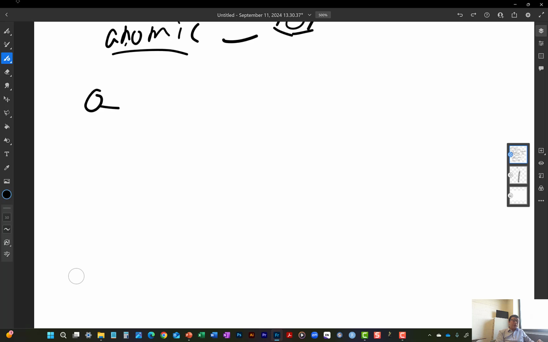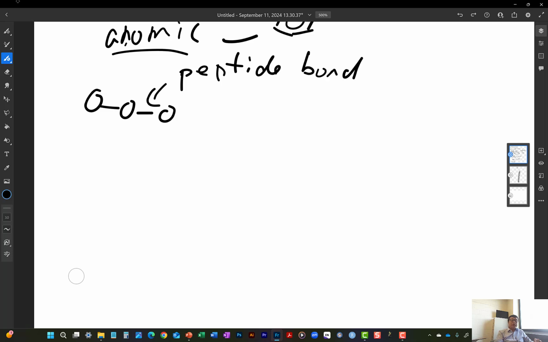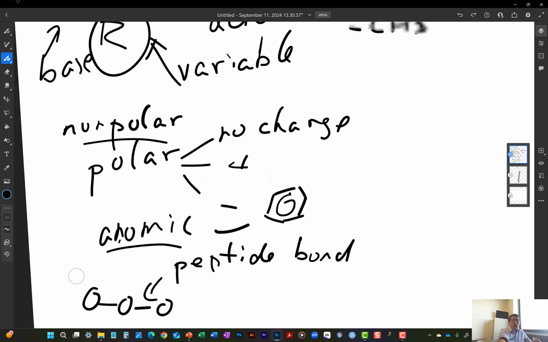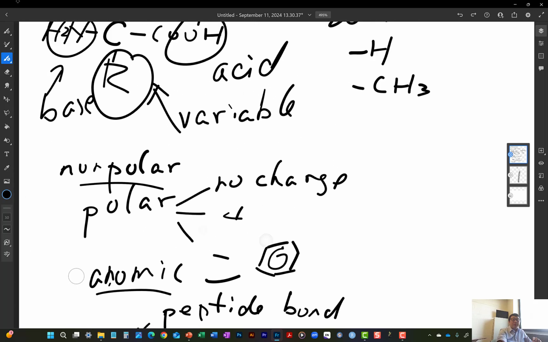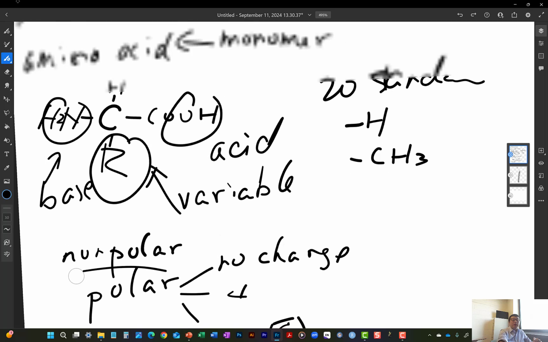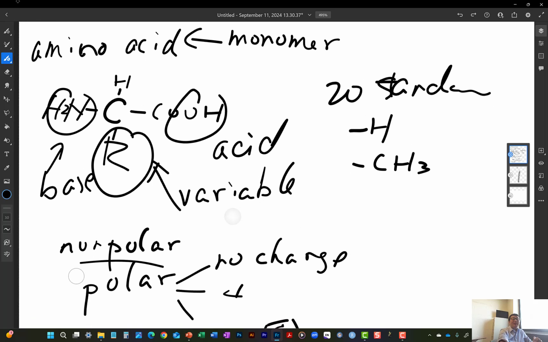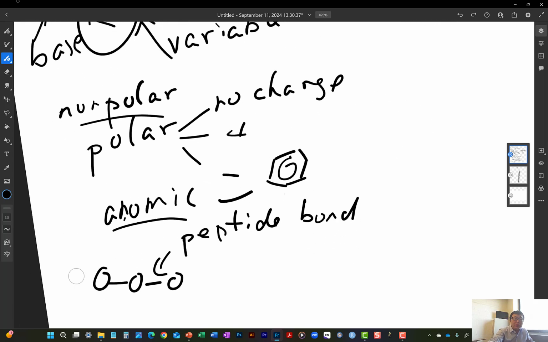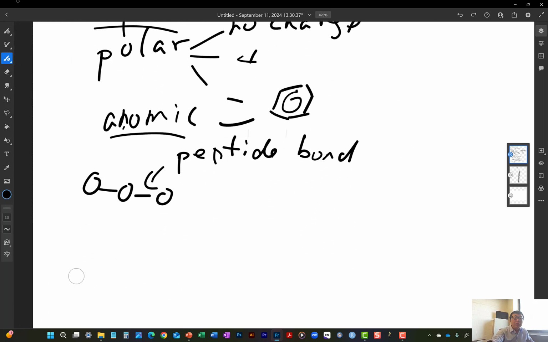At the beginning, amino acids join together. How do two amino acids join together? We call it a peptide bond. A peptide bond is the reaction in which the base of one amino acid reacts with the acid of another amino acid and makes a bond.